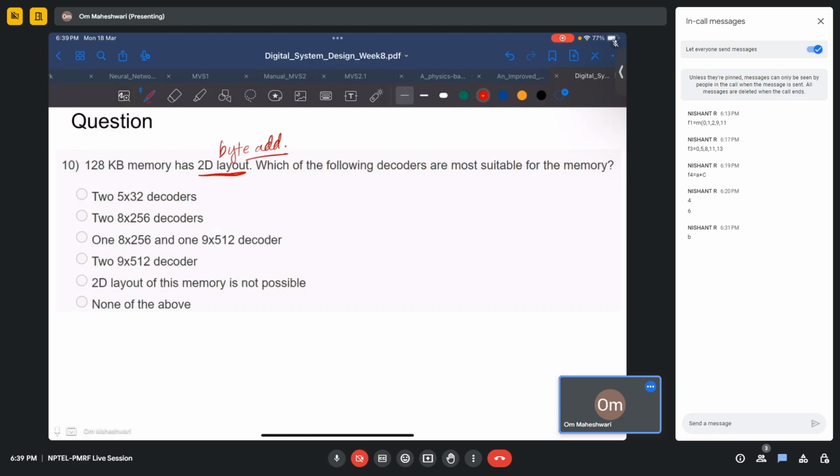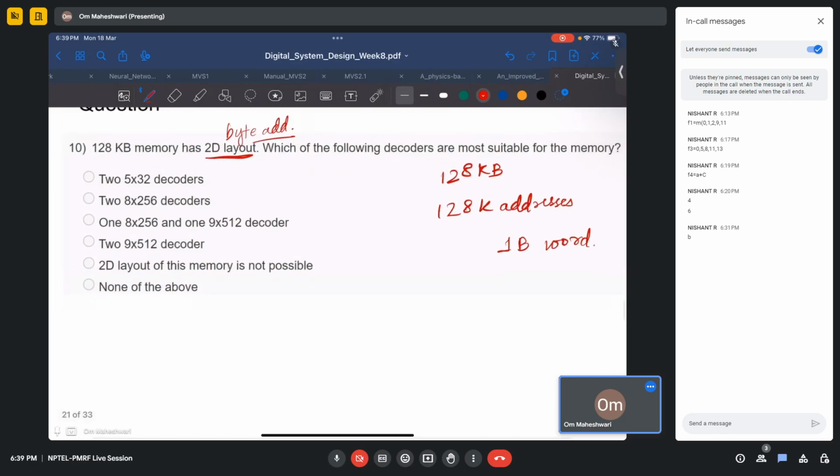So it's 128 KB, there are 128K addresses and a 1 byte word. Now for 128K addresses, we have already seen we need 17 address lines. We have calculated that.